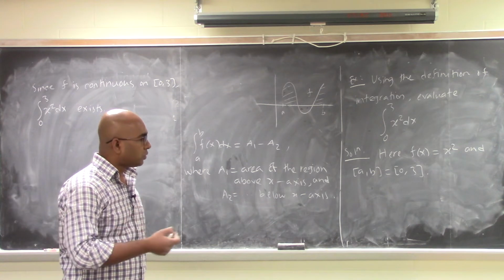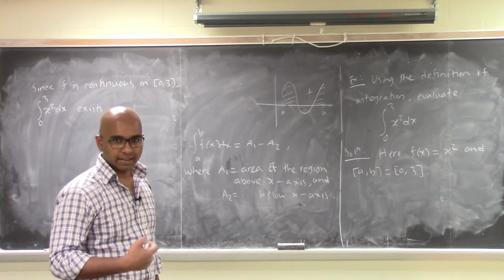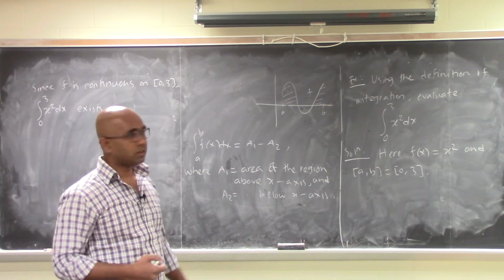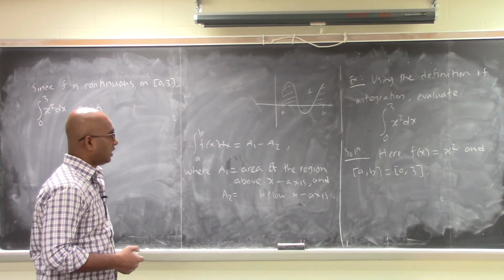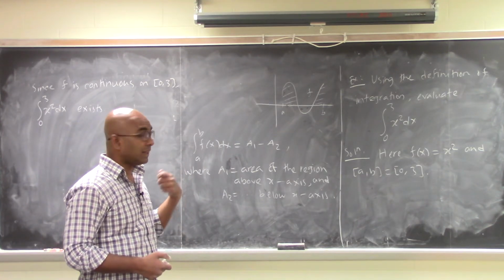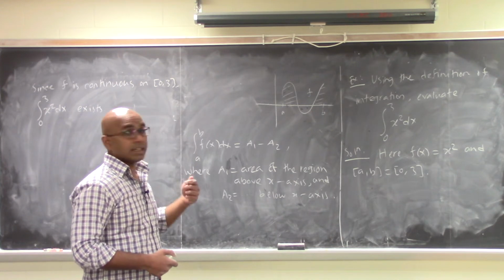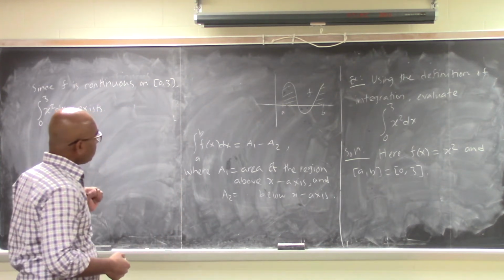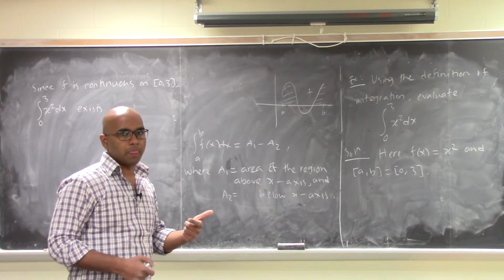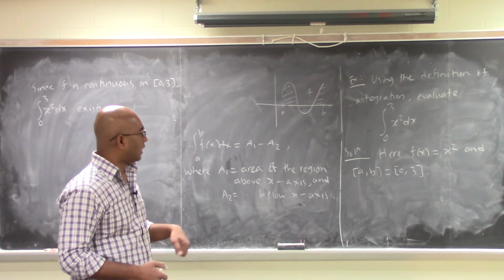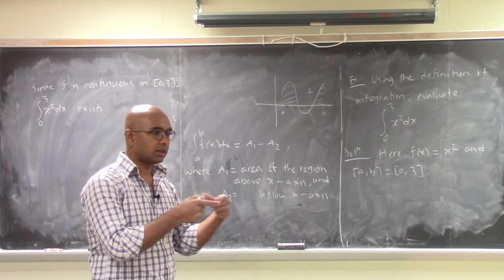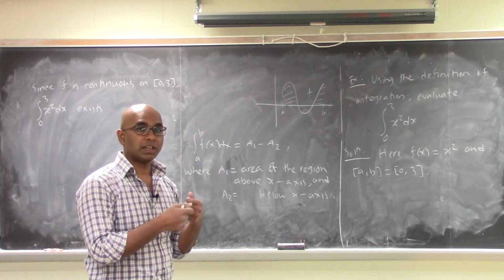We need to choose representative points, or tags, right? And it is always easier to choose the right endpoints, since here it does not say which points we need to pick for representative points, right? So we are going to pick the points which are easiest for us. Those are right endpoints, okay? So in other words, we are going to first figure out the right Riemann sum of this function on a partition that has all the subintervals of equal length.